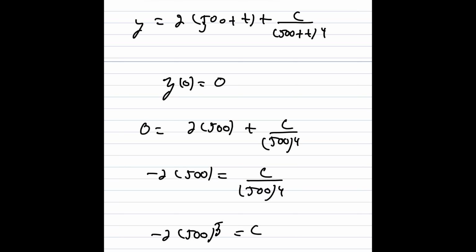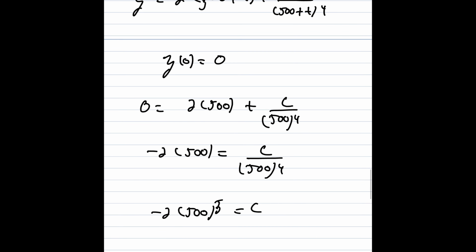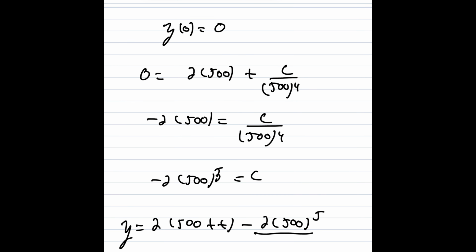The reason I kept it as 2 times 500 was because we're going to multiply by 500 to the fourth, so you can use properties of exponents to simplify that. So your equation here would be y equals 2 times (500 plus t) minus 2 times 500 to the fifth over (500 plus t) to the fourth. And that's what part B would look like.